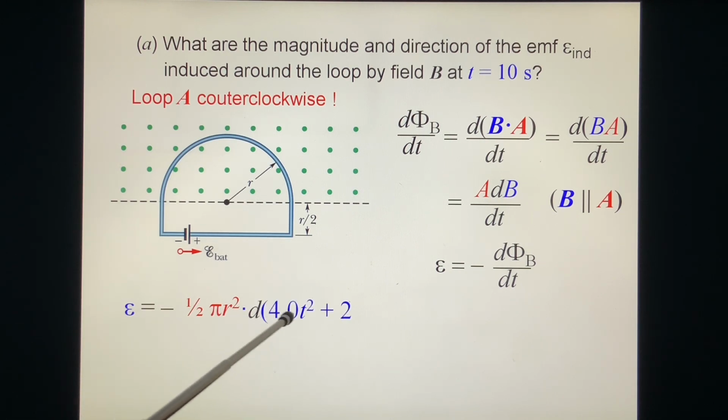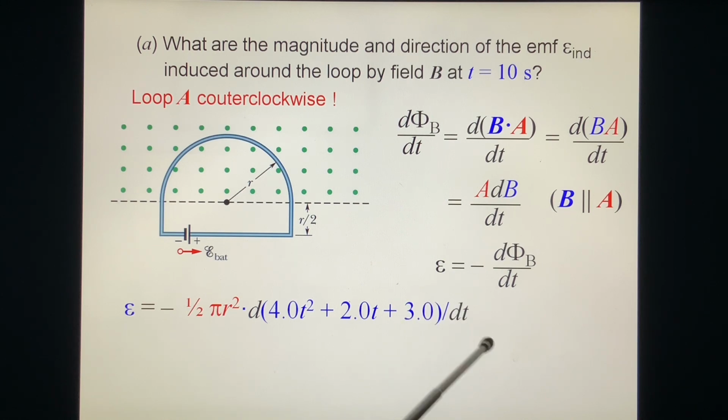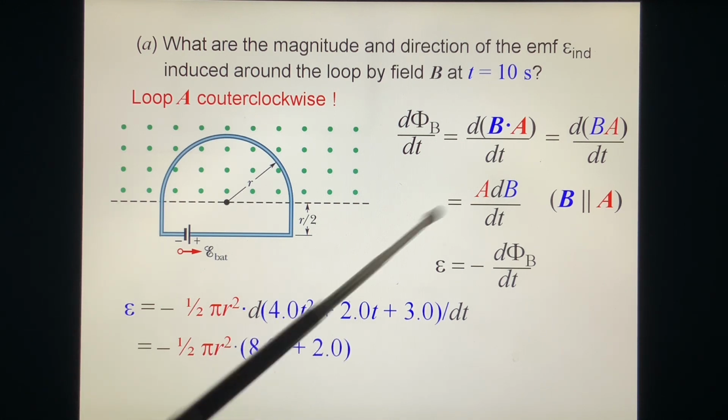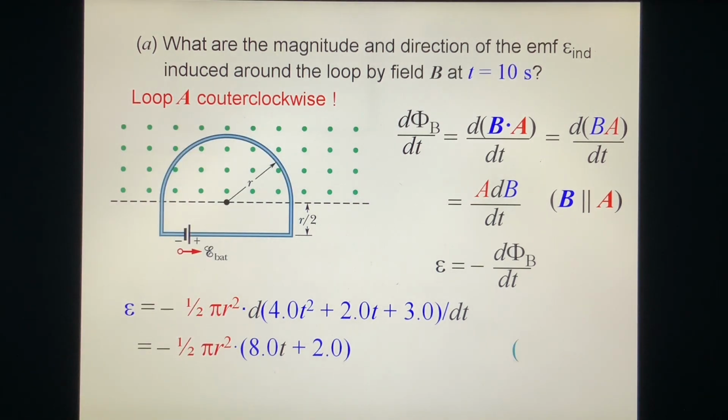B is 4.0 t squared plus 2.0 t plus 3.0. We take the derivative: this one is 8.0 t, this one is 2.0, this one is 0. So we get epsilon equal to 8.0 t plus 2, and this t is 10 seconds. We put t in as 10 seconds, and we get epsilon.